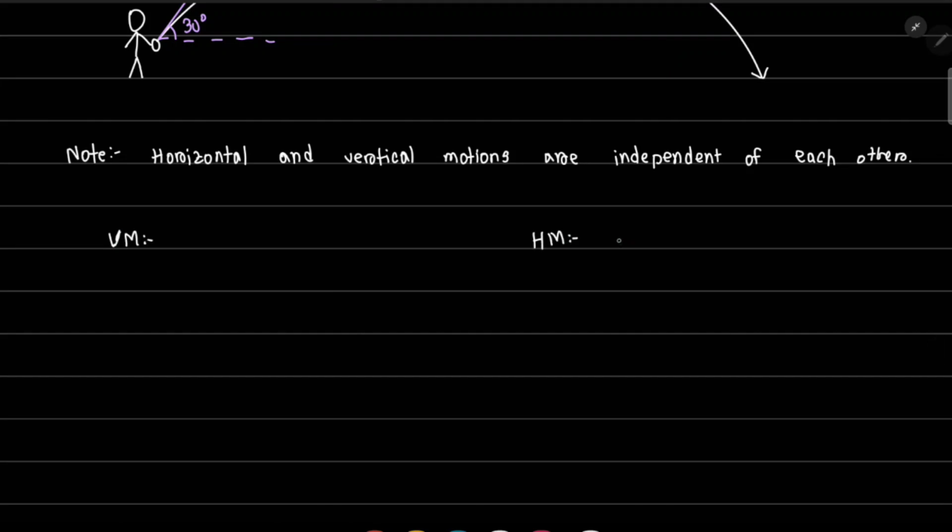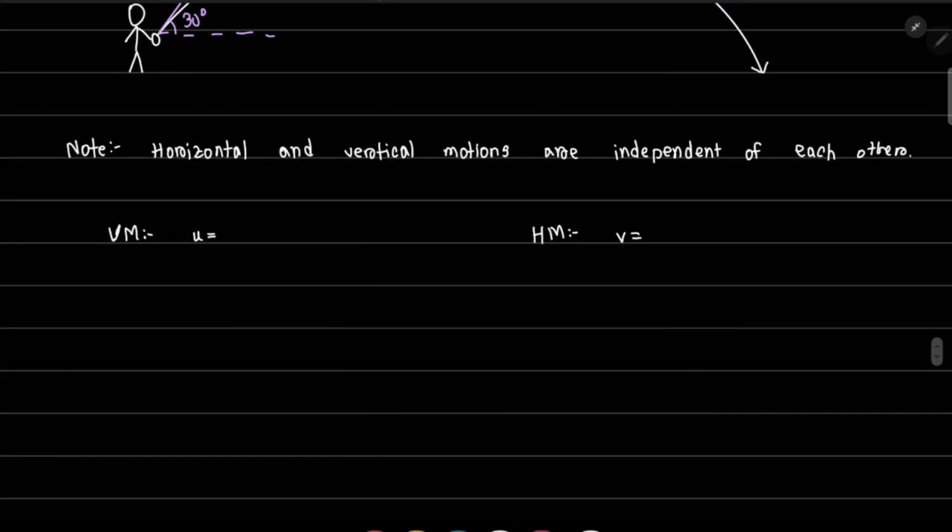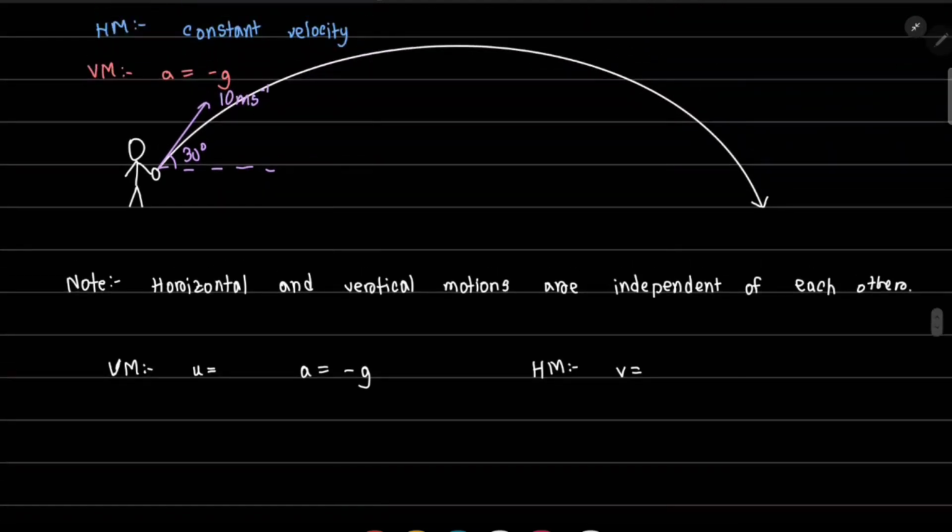In horizontal motion, the only thing we need is the velocity. In vertical motion, we need the initial velocity, and later on, we'll use the other stuff. We also know the acceleration. The acceleration is equal to minus g.